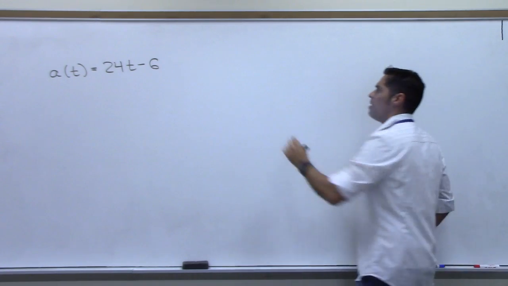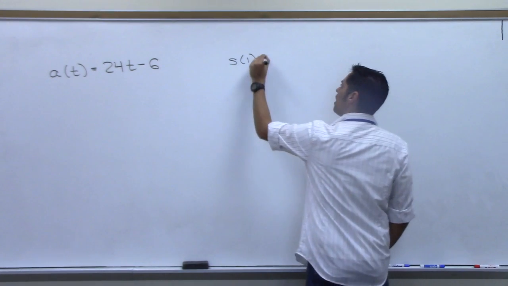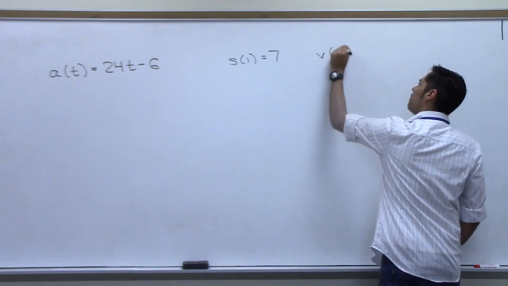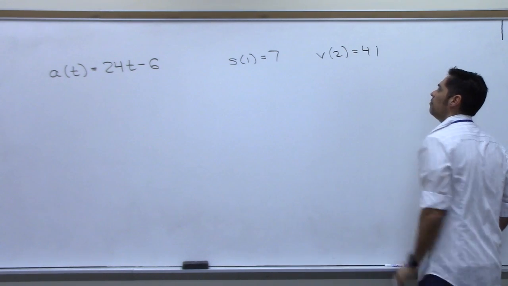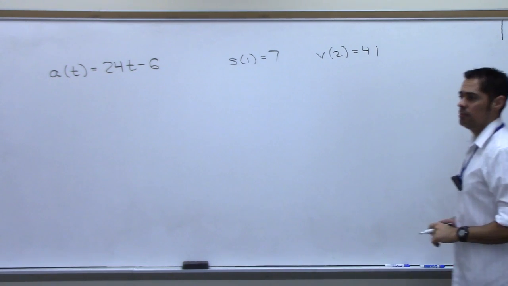And you're given some other information: S of 1 equals 7, and V of 2 equals 41. Find the position function, and then find S of 2.